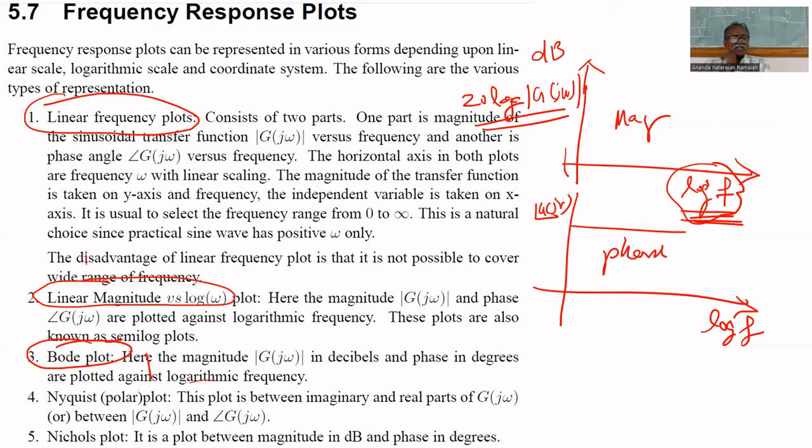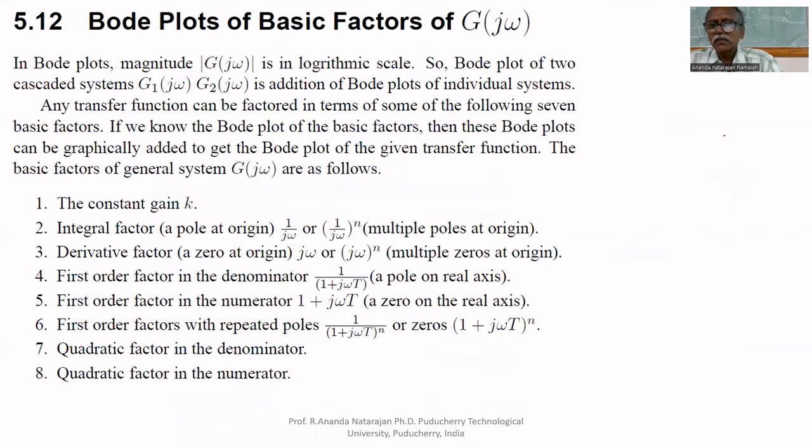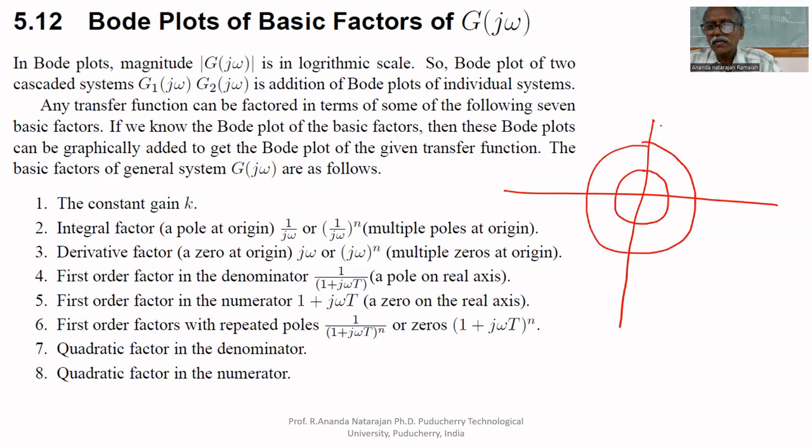The fourth plot is Nyquist plot or polar plot. In that we are not taking f on an axis. Instead, we are plotting on a polar chart. Polar chart means it will be like this, with circles like this.